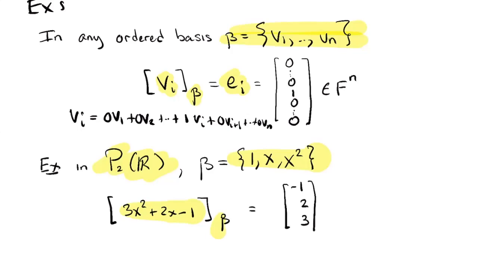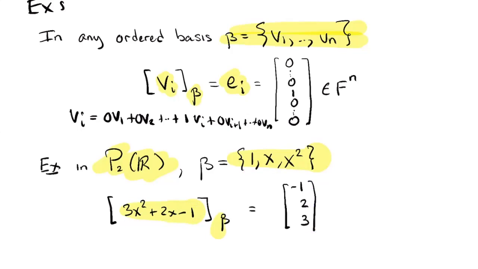Well, using the ordered basis, I'm using minus 1 of the first basis vector, so I put a minus 1 right there. And then I'm using 2 x's, so 2 goes in the second spot, 3x squared, so 3 goes in the third spot. So in this ordered basis, this column vector, negative 1, 2, 3, is the coordinates of my polynomial vector, 3x squared plus 2x minus 1.